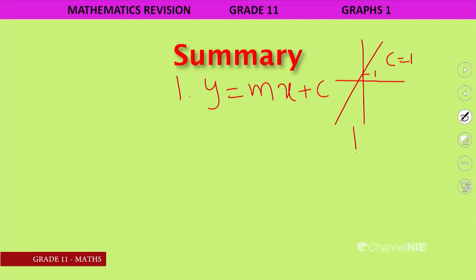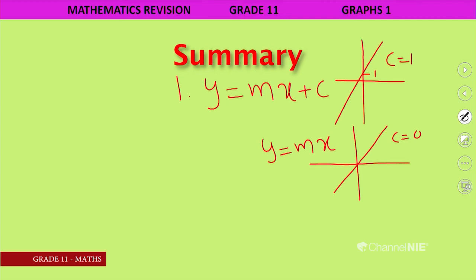If you have a line passing through the origin, now the intercept is 0. What is the equation of this form? y equals only mx. y equals only mx. These are from straight lines.